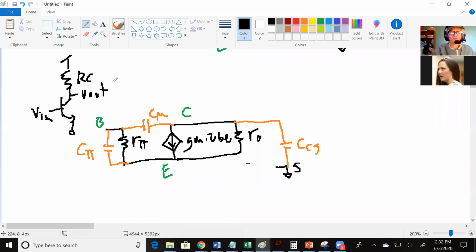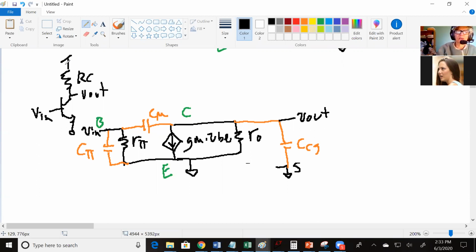Now, tell me if this goes too fast. But I know the input's on the base. I know the emitter's grounded. I know V out is on the collector. And then there's this RC. Where does the RC go? Does it go to ground because we're doing small signal analysis? Yes, so this becomes a ground.